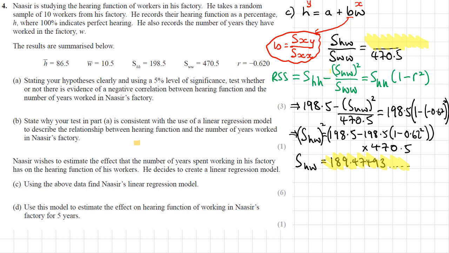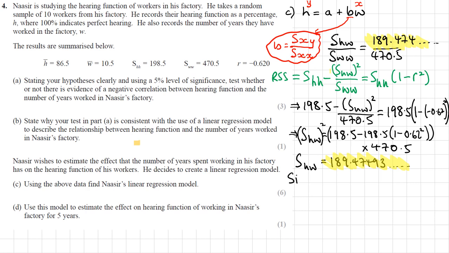So I'll just write that down, 189.474 and so on. Now, since this is going to be a linear regression for a negative correlation, that means that this value here of the gradient needs to be negative. So when I work this out, I need to make sure that I put a minus sign in front of it.